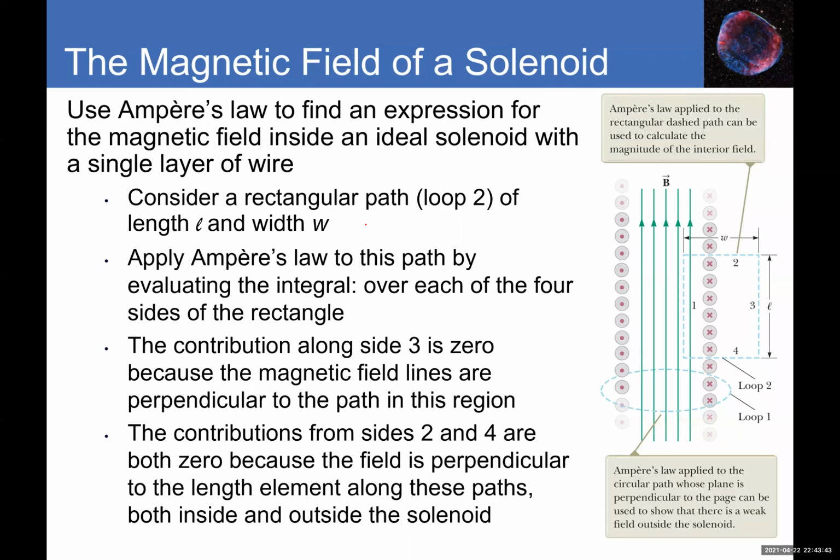We have a rectangular path with length L and width W. What we'll do is apply Ampere's law, the equation integral B dot ds, for each of those segments. One thing I can have here is this.